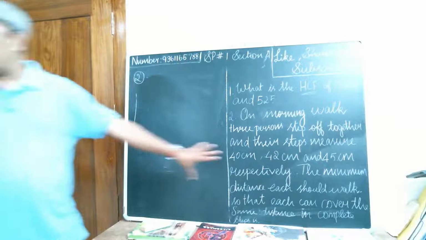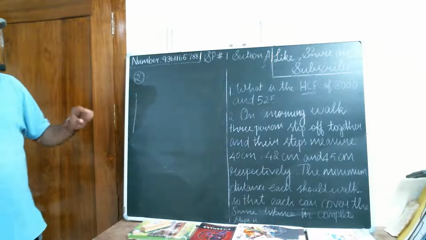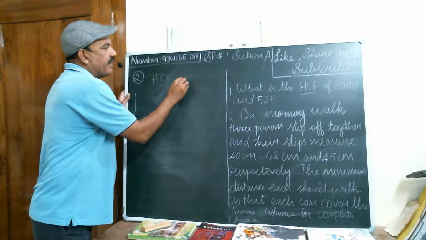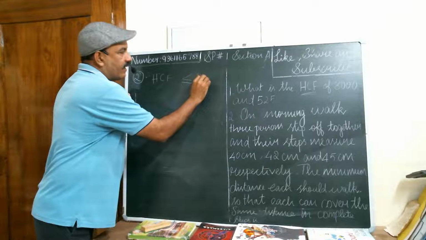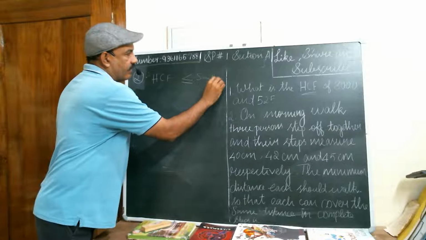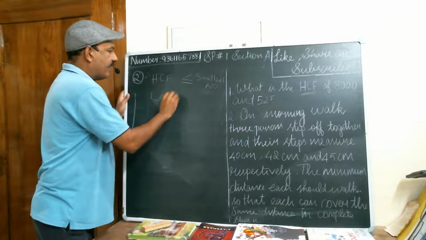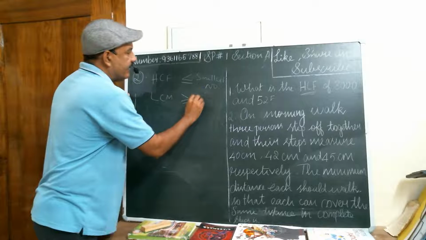These types of sums deal with HCF and LCM. What is the property of HCF? HCF will always be less than or equal to the smallest number. But LCM will always be greater than or equal to the largest number.